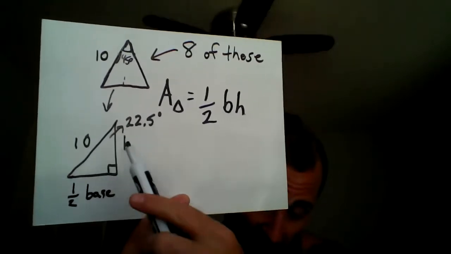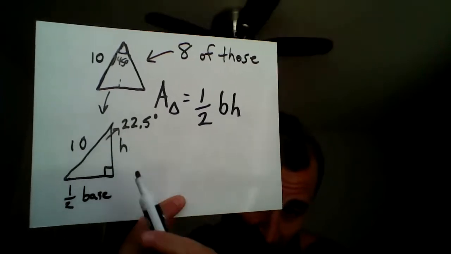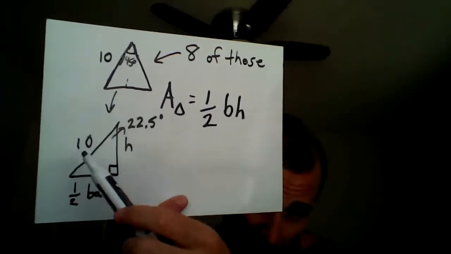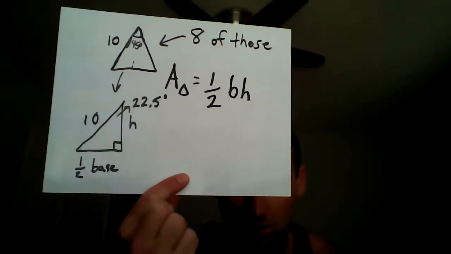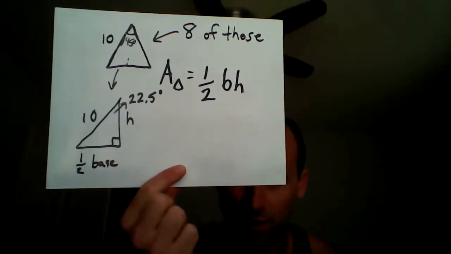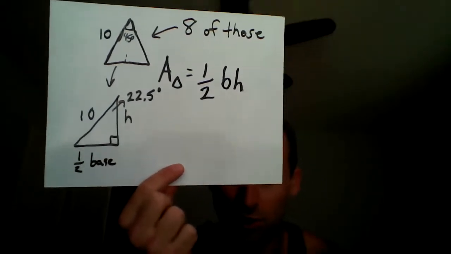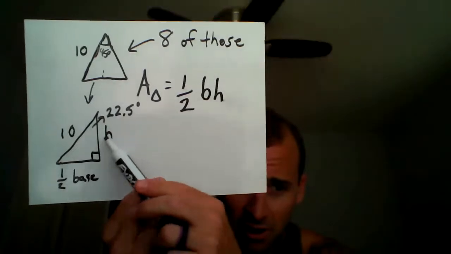And keep in mind this h is adjacent, and 10 is the hypotenuse. So does anybody remember which of the three ratios we use for adjacent and hypotenuse?